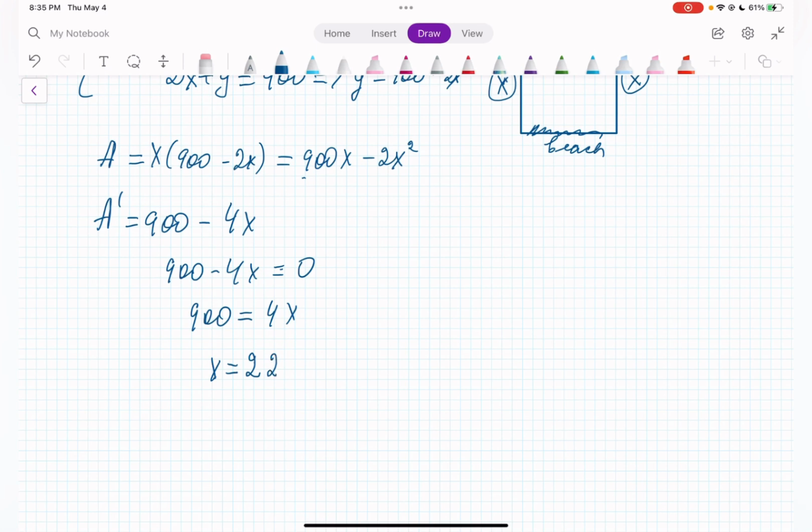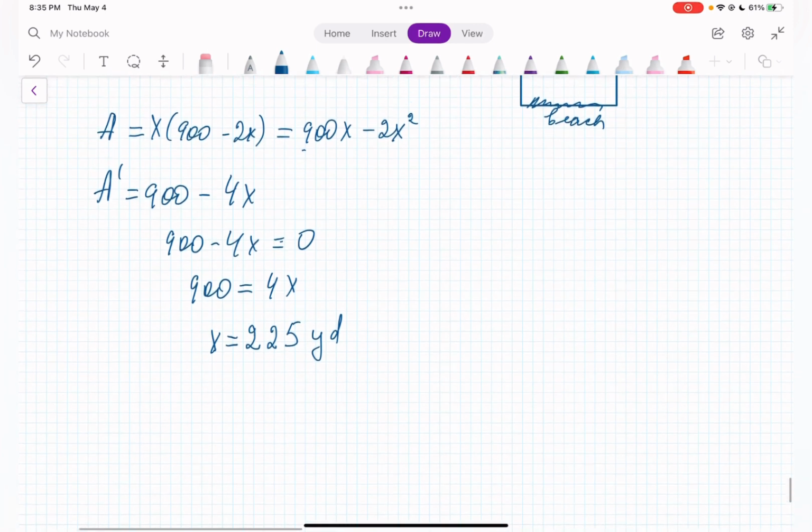9 divided by 4 is 2, 8, 10 divided by 4 is 2, 20 divided by 4 is 5, so 225 yards. So this is our x. Now we need to find our y. How am I going to find my y?